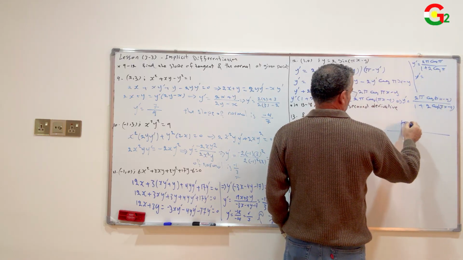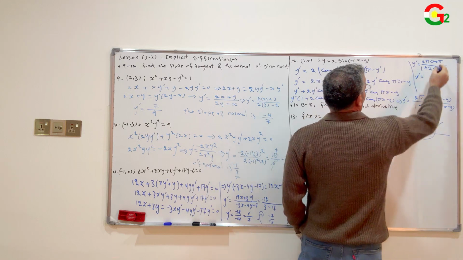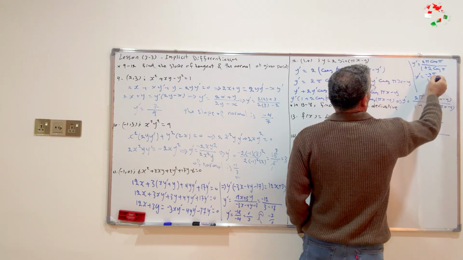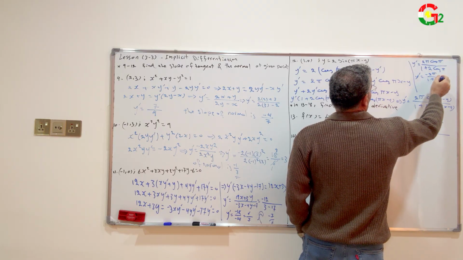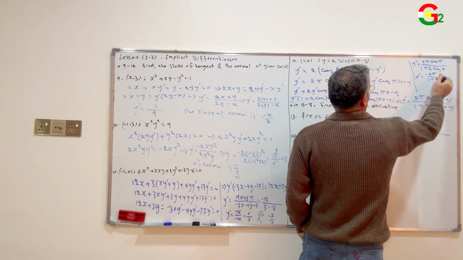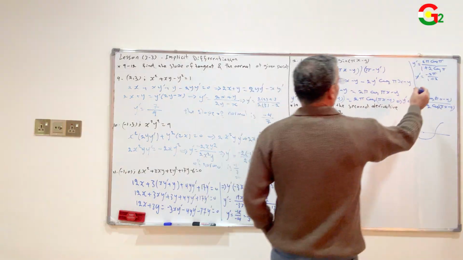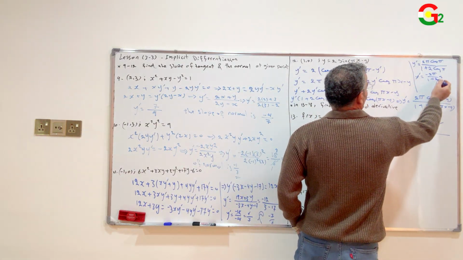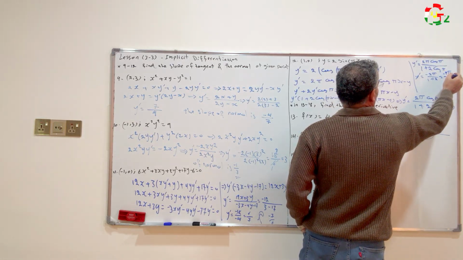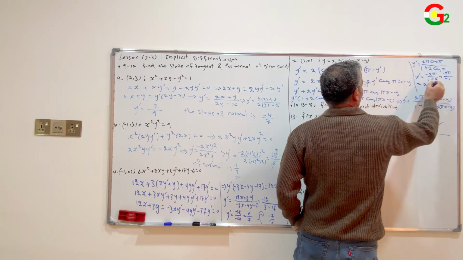You know cosine pi is negative 1. So negative 2 pi over 1 minus 2, equal to negative 2 pi over negative 1 equal to 2 pi.